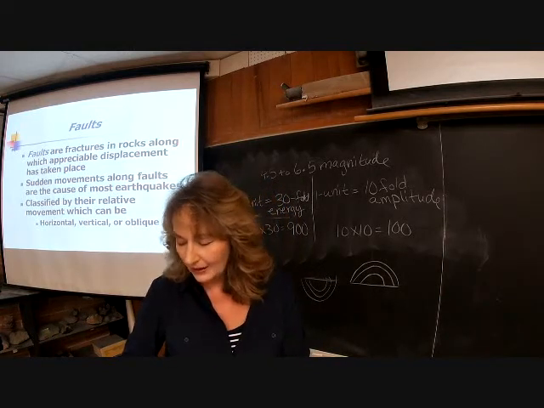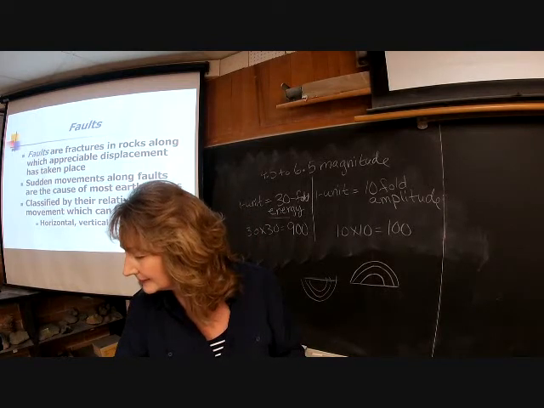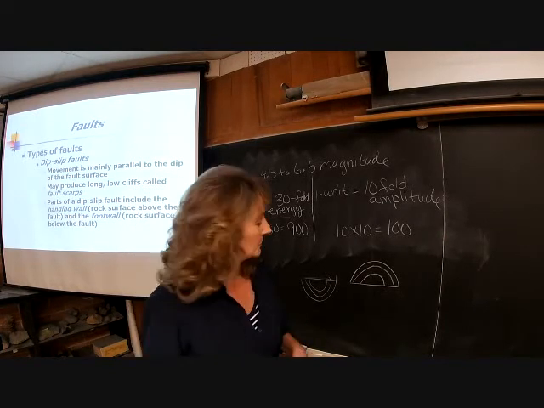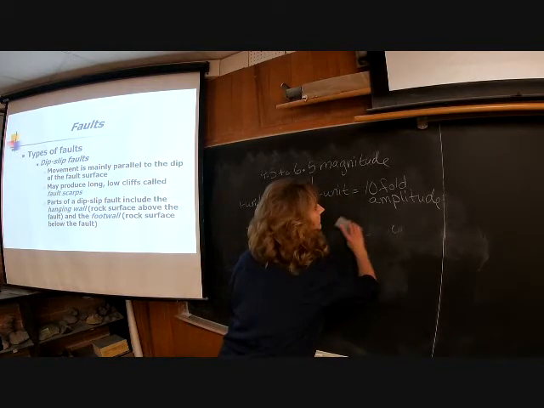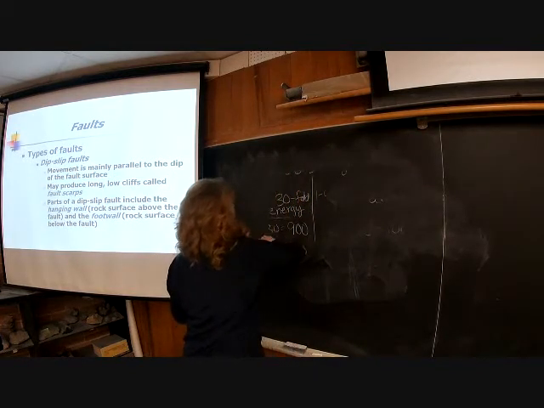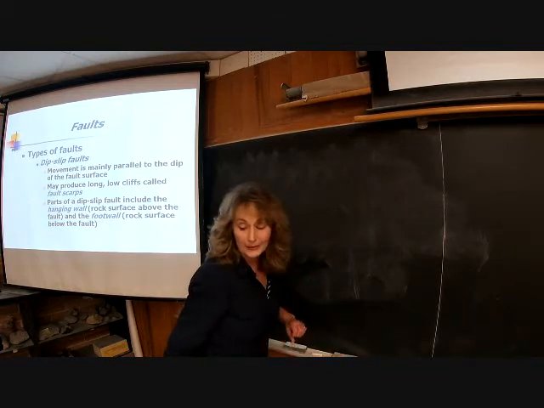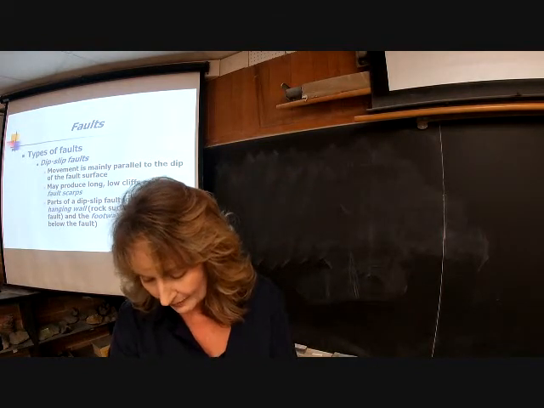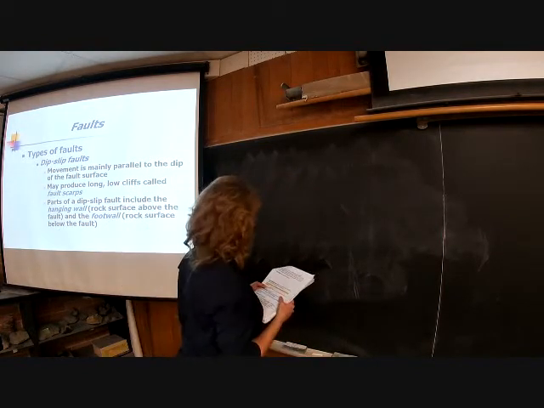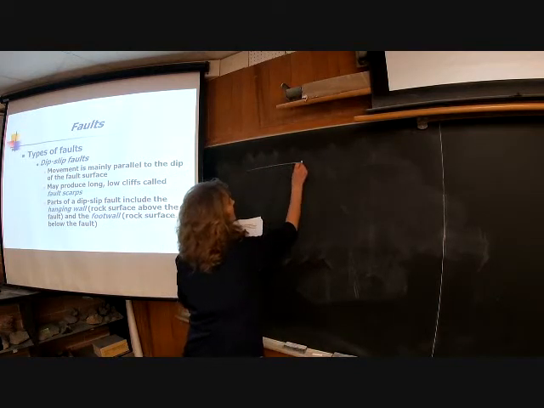So where you're getting that mainly vertical, let's see, I may try to do a drawing for this. And I brought my fault blocks as well to maybe help us with this.